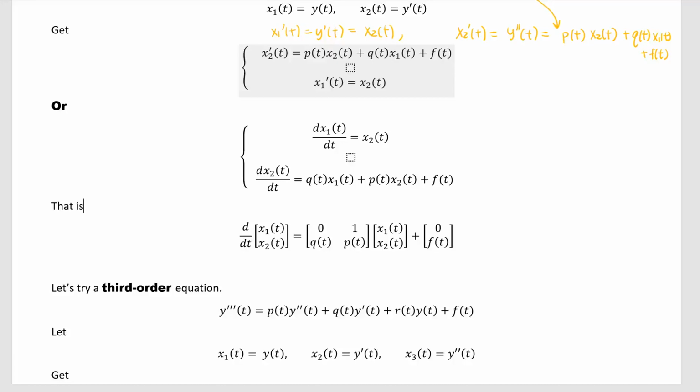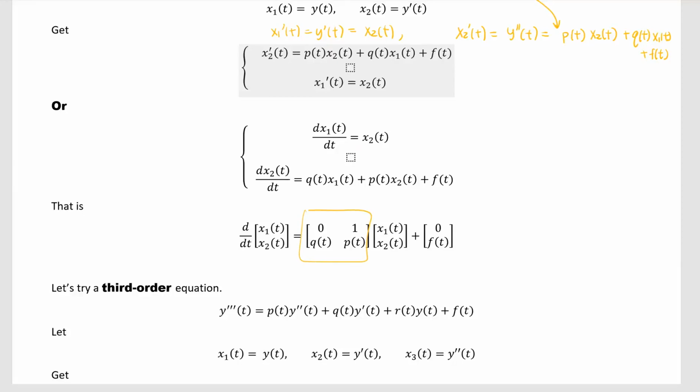So we can rewrite the system: x1' of t is x2 of t, so it's like 0 times x1 of t plus 1 times x2 of t. So that's why we can consider the coefficients of x1 and x2, and we get this matrix.